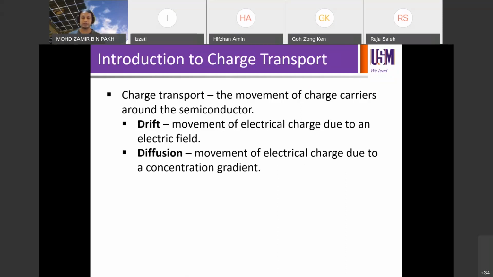So if you want to have a drift component in your semiconductor, you need to introduce an electric field into the system. On the other hand, the second one is called diffusion, the movement of electrical charges due to the presence of a concentration gradient. We're going to look into this a little bit later.